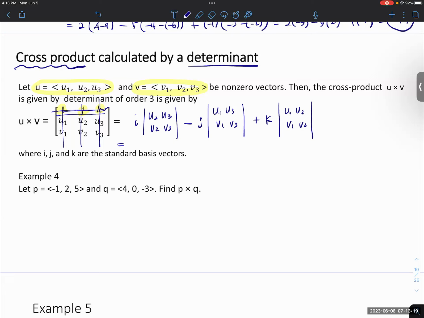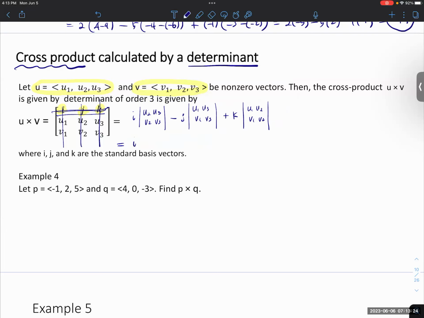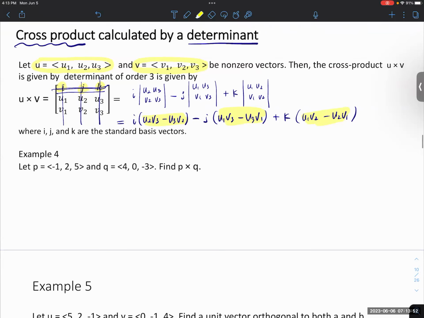If you calculate it again, to find out the determinant: I, U2, V3 minus U3, V2, minus J, U1, V3 minus U3, V1, plus K, U1, V2 minus U2, V1. Again, this is the outcome of the cross product.